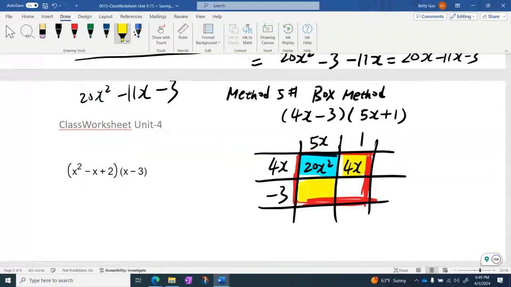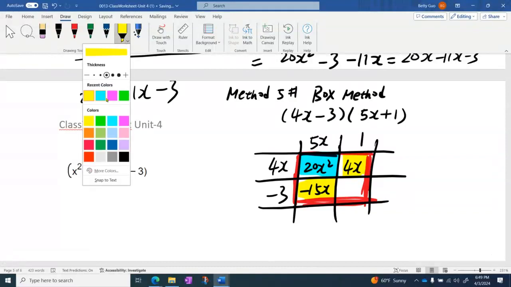And then we're going to use another yellow. This yellow is row 2, column 1. So negative 3 times 5x. Negative 3 times 5x is negative 15x. And then I'm going to color the last cell green.